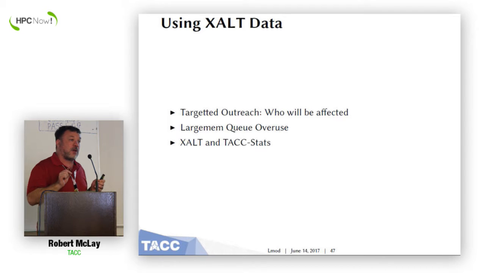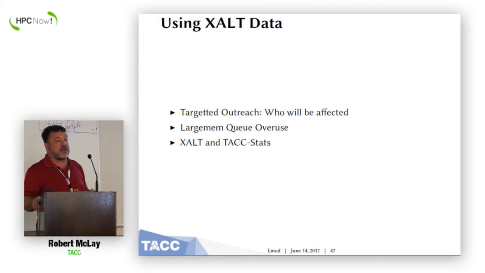We discovered that a particular chemistry code was being run a lot in the large mem queue. And based on TACC stats, which is a tool that measures memory usage and size of memory, we knew that while they couldn't fit in 2 gigs, they could fit in 4.